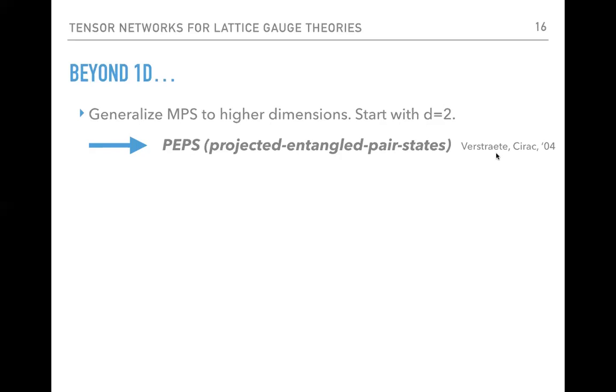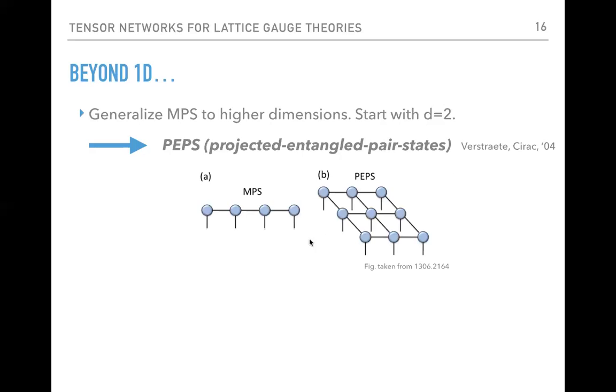This was a work by Frank and Ignacio. The construction of these states is quite interesting, but I don't want to go into the details. Just say that it's a generalization of the MPS. Basically, if an MPS is a 1-dimensional array of tensors, a PEPS is a 2-dimensional array of tensors.